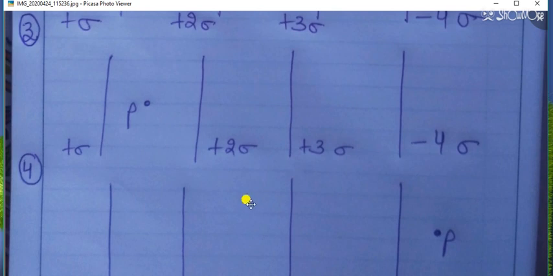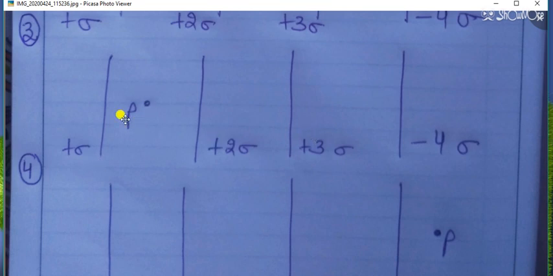Now we are moving to the next question. Here we have point P, and four sheets are there: one is plus sigma, plus 2 sigma, plus 3 sigma, and minus 4 sigma.